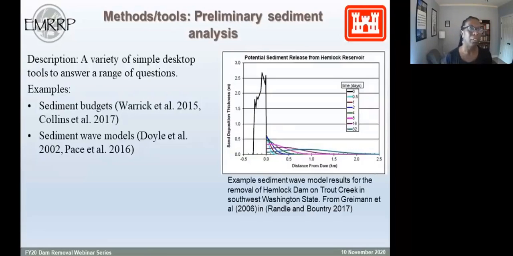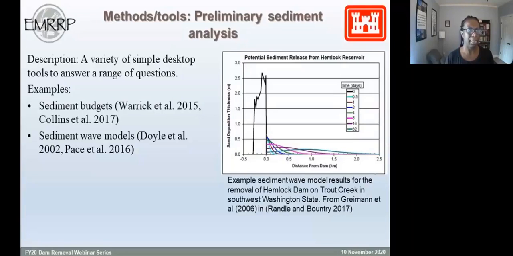So the next level of complexity are preliminary sediment analysis tools. And these are generally simple desktop tools. I would imagine many of them are in spreadsheets or very simple MATLAB calculations or something like that.